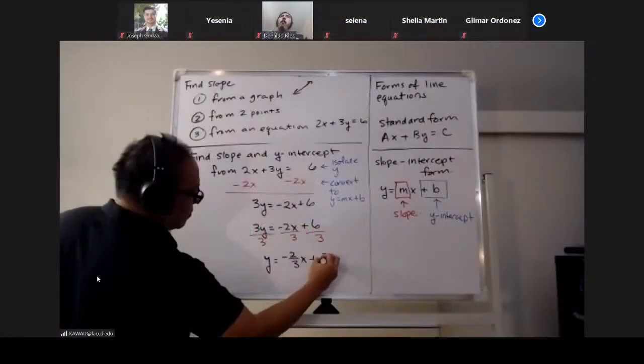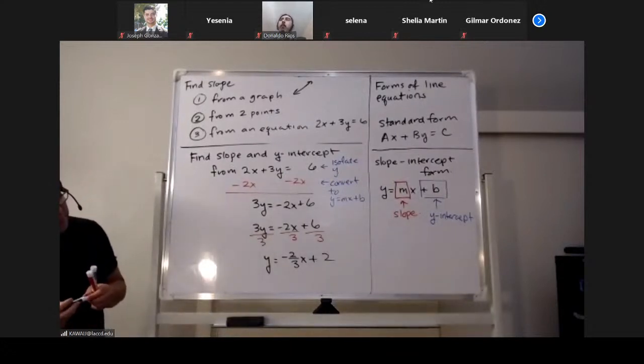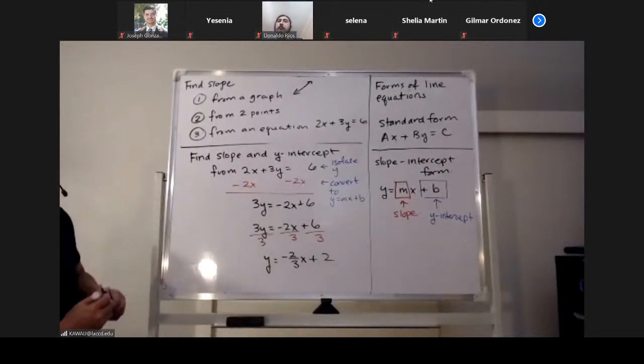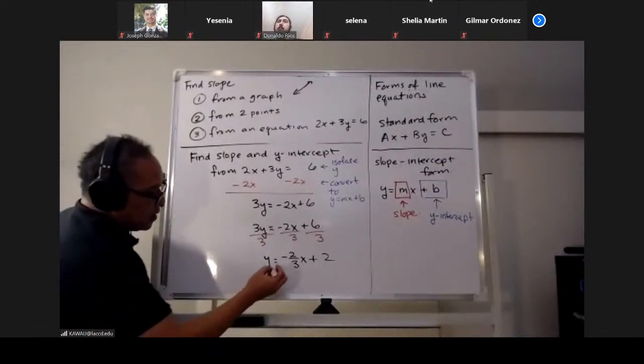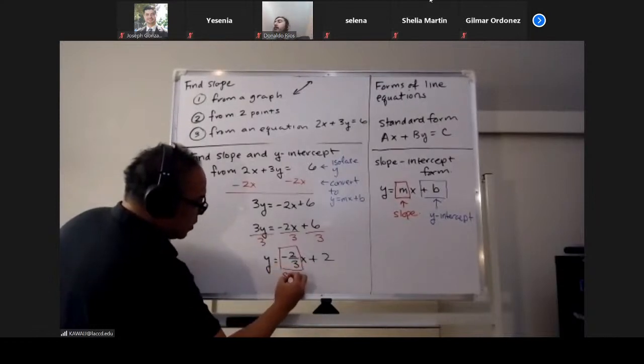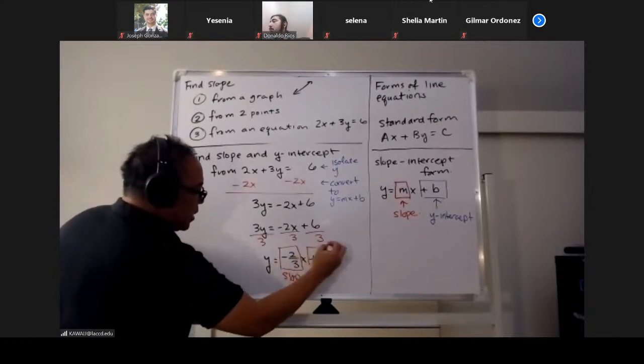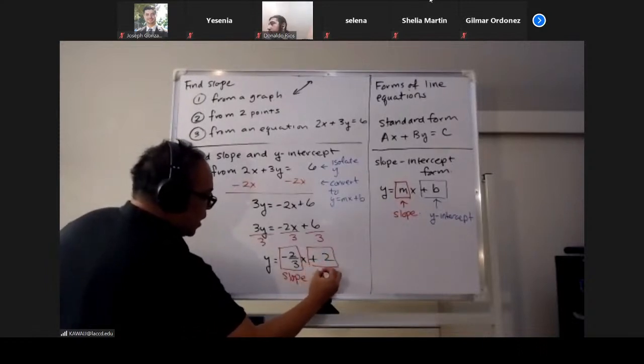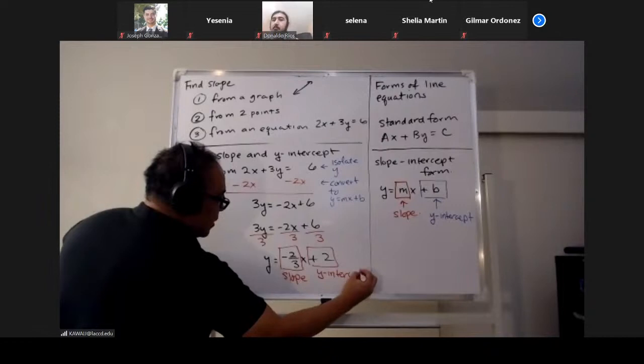Okay, so I have 3y is equal to minus 2x plus 6, and I'm going to divide everything by 3. So this right here is my slope, and this right here is my y-intercept.